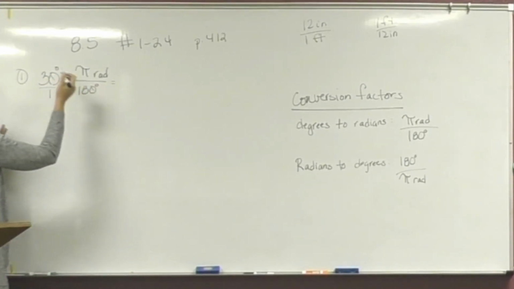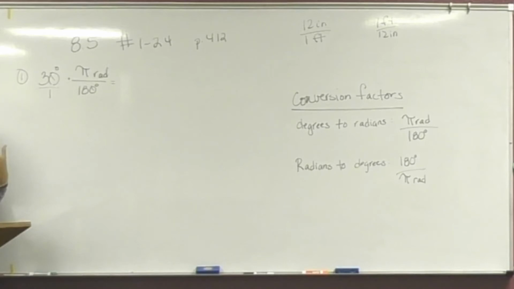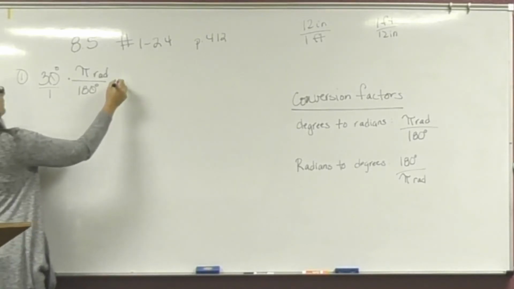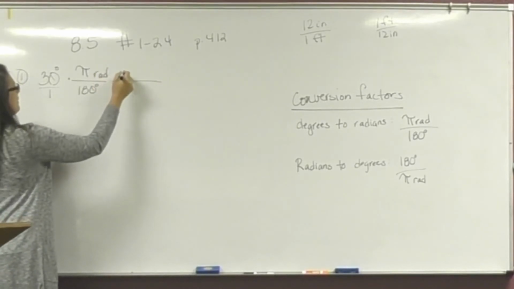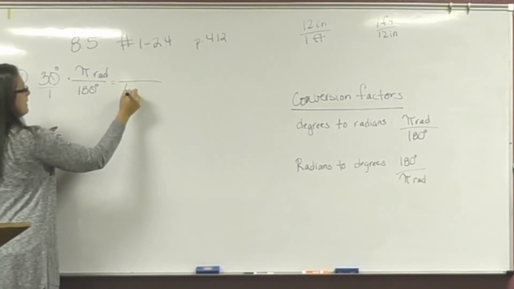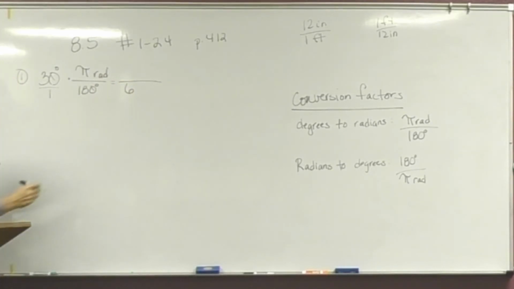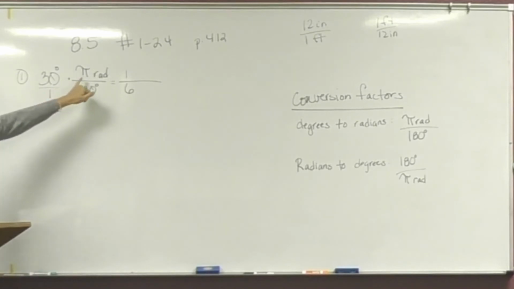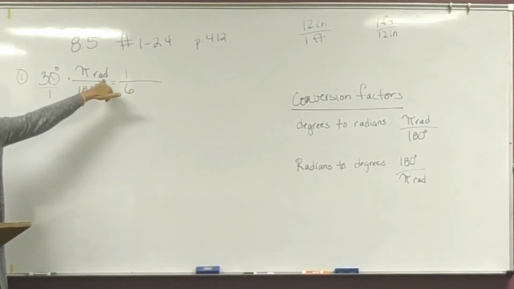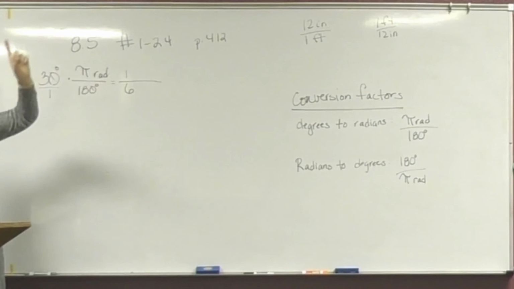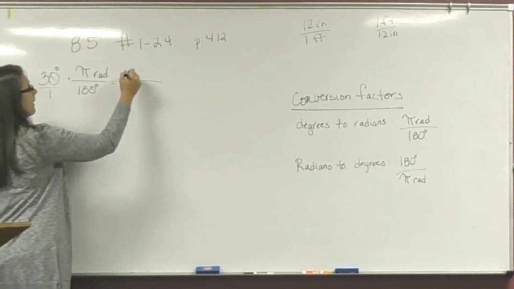That leaves me with a 3 on top and an 18 on bottom. Your calculator can do all this. 3 goes into 18 6 times, leaving me with just a 1 on top. So if you punch in 30 divided by 180, it's 1/6. That's what your calculator is going to say. Now, I do have this pi radian left in my numerator, so I can't forget about it.